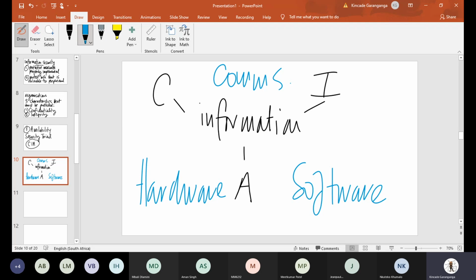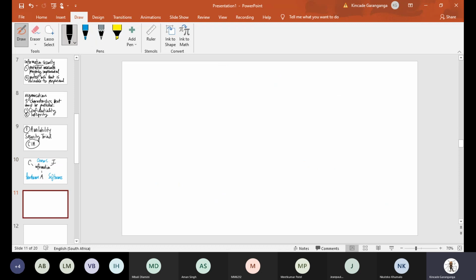This can be as basic as a door lock, or as complicated as an intrusion detection system, whichever way you want to look at it. Then you can also discuss the people. These are the individuals that implement and properly use security products to protect the data. And then you have the procedures, which are the plans. If you want to look at it from a different point of view, you can also discuss what we have just seen in the previous slide as part and parcel of your information security components.